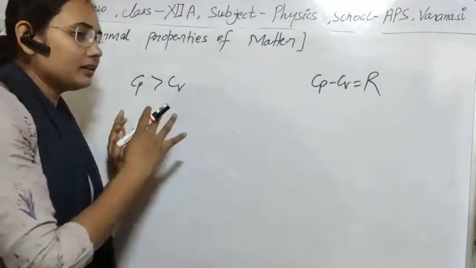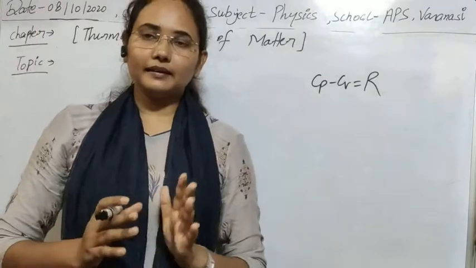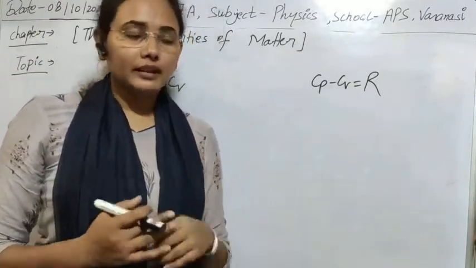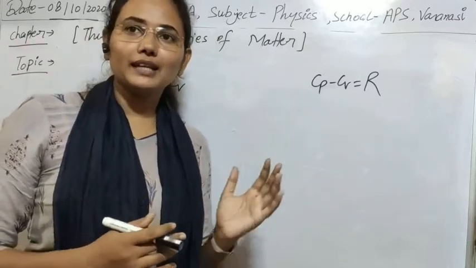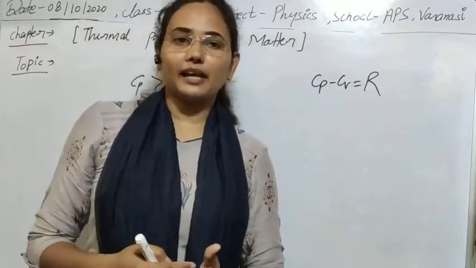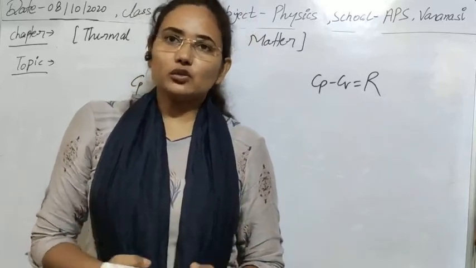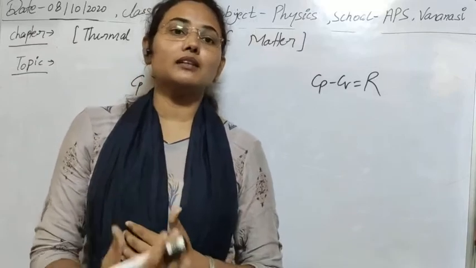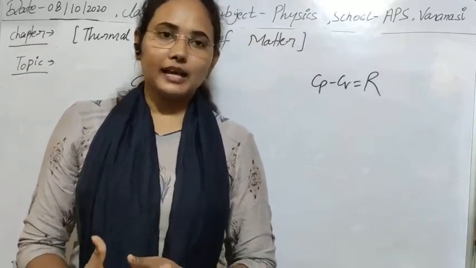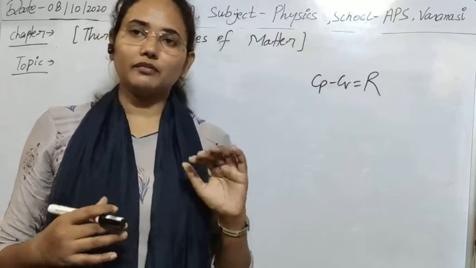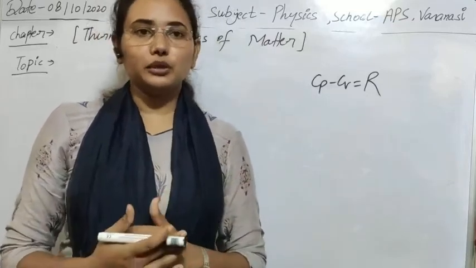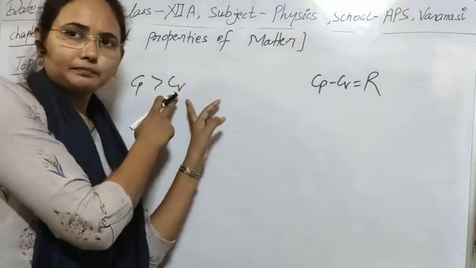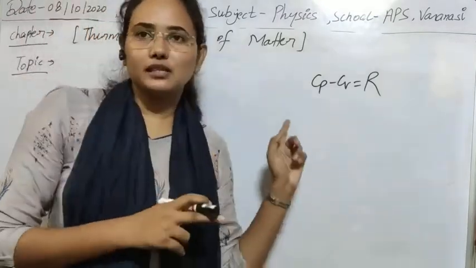We can also understand it this way: if the volume of the gas is kept constant, then no heat is used to expand the gas, because at constant volume there is no expansion of gas, means only there is an increase in internal energy, increase in temperature of the gas when we supply some heat energy to it, means at constant volume heat is used only to raise the temperature.